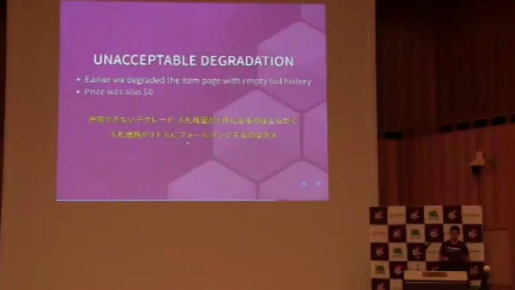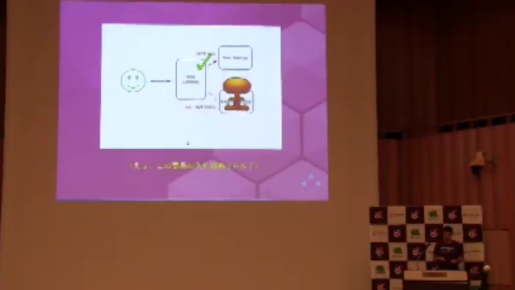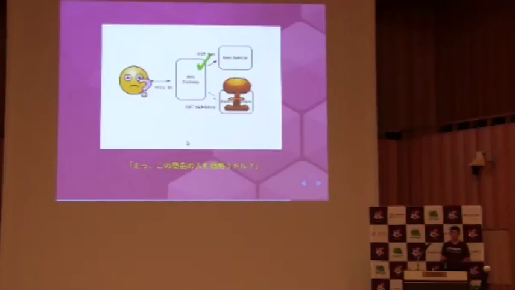So maybe they're happy to tolerate no history, but not the wrong price. So we can see here, this is our situation before: the web gateway is happy, but it's returned a price of $0 to the user, and the user's like, how can this be $0? The auction was at 500 yen before. How can it have gone down?